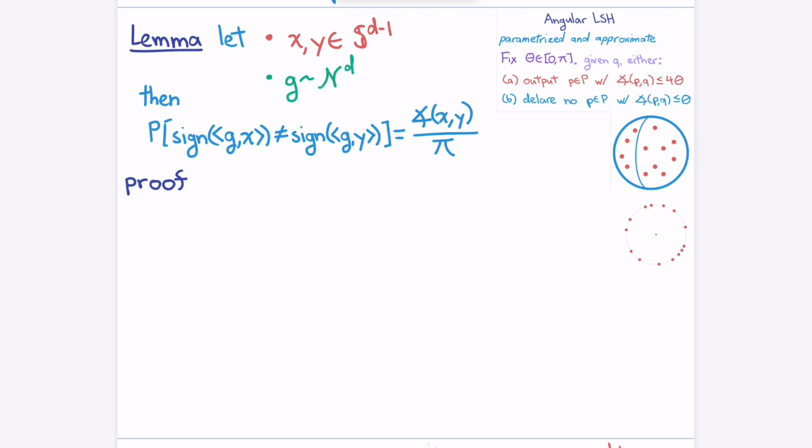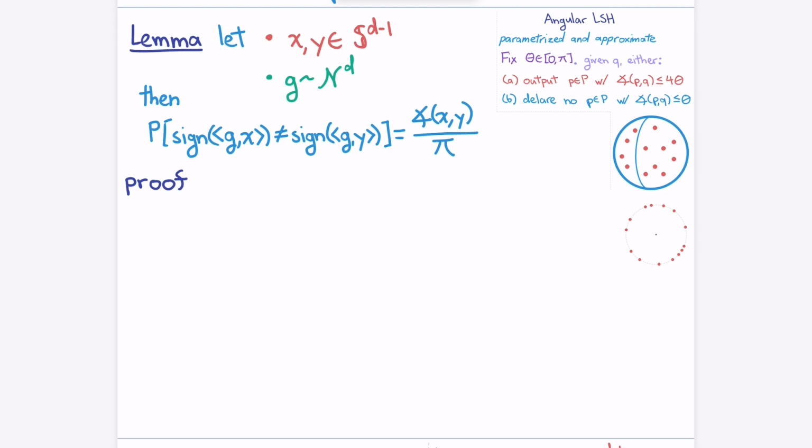If every coordinate is Gaussian, because Gaussians are rotationally invariant, if you rotate the space, you still get a Gaussian vector, which I guess I never said before, but this will be important. It'll be analytically very convenient.